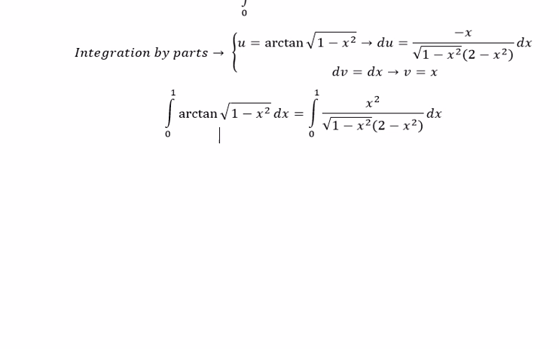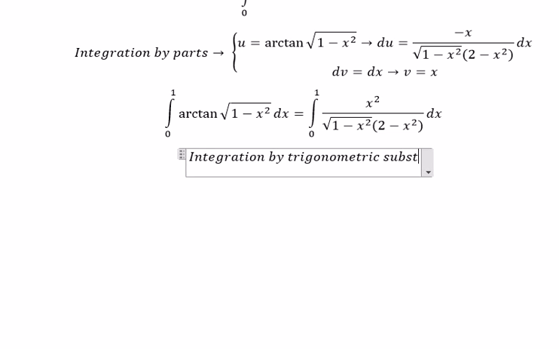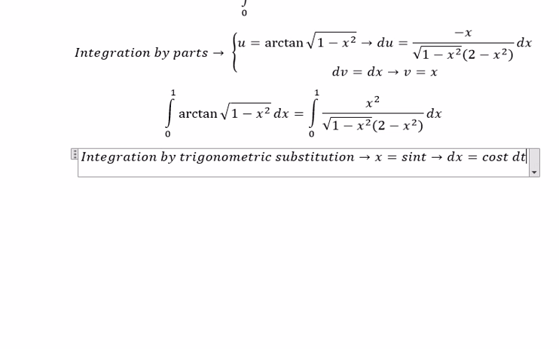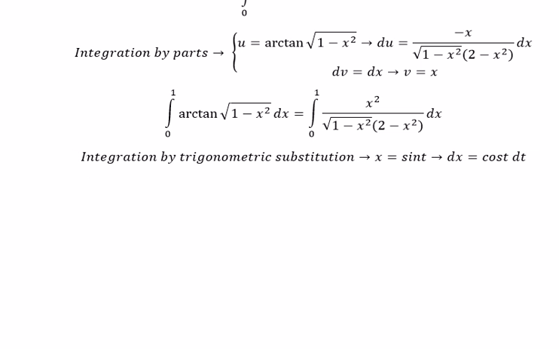So we can use integration by trigonometric substitution. So we put s equal to sin t, ds equal to cosine t dt. So we need to change the bounds in here.